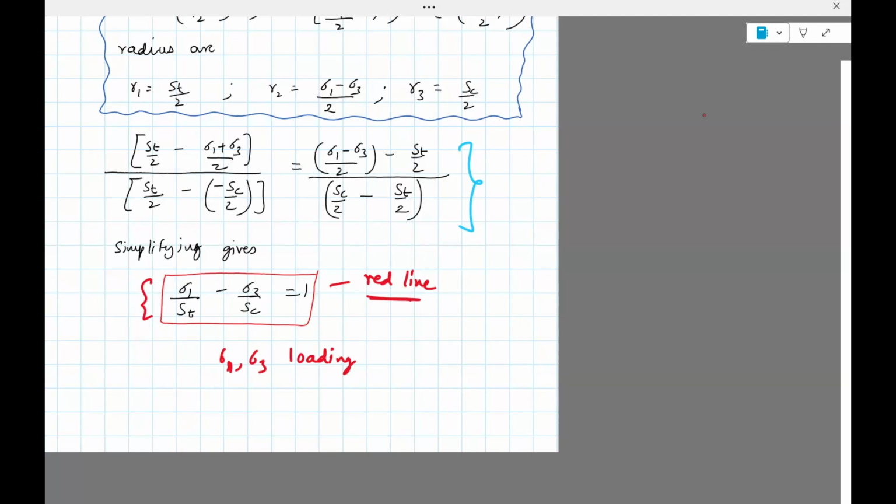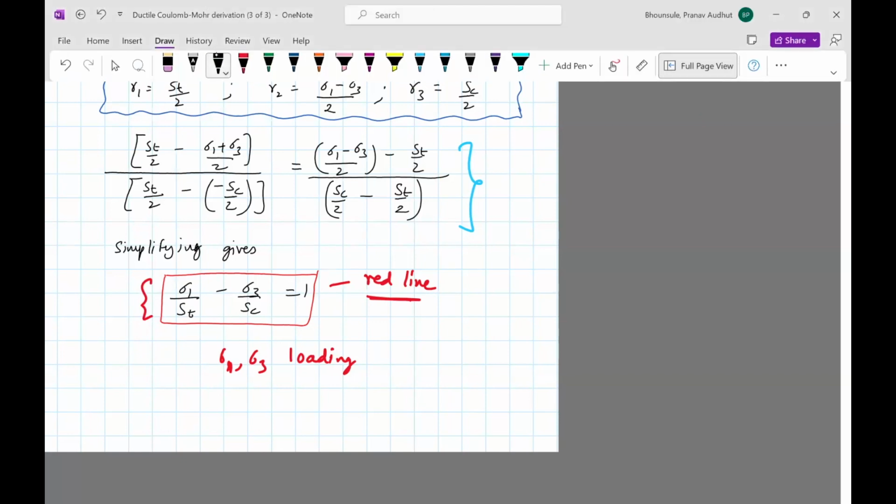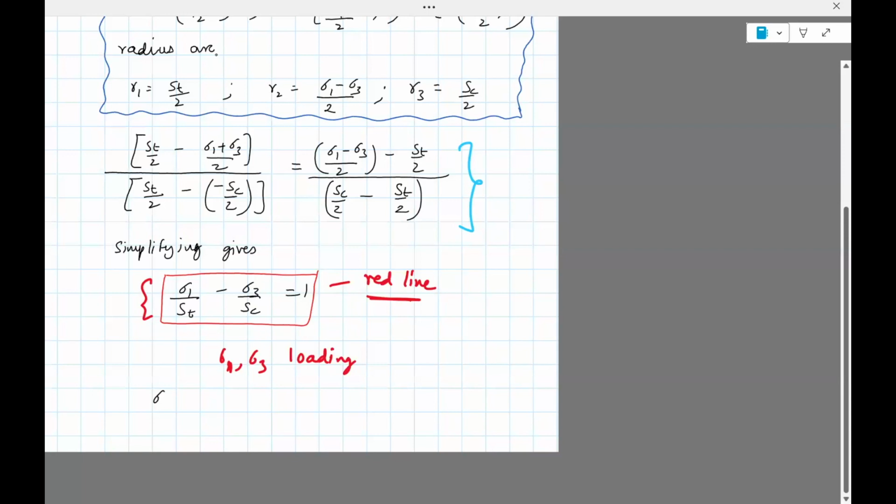So this is an expression which looks probably very similar to the MSS equation. The MSS equation was what? It was sigma 1 minus sigma 3 divided by 2 equals SY divided by 2, which can be written as sigma 1 divided by SY minus sigma 3 divided by SY equals 1.